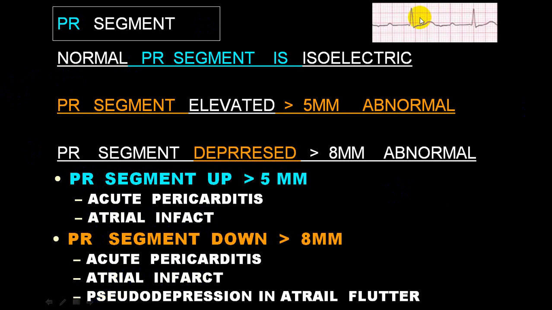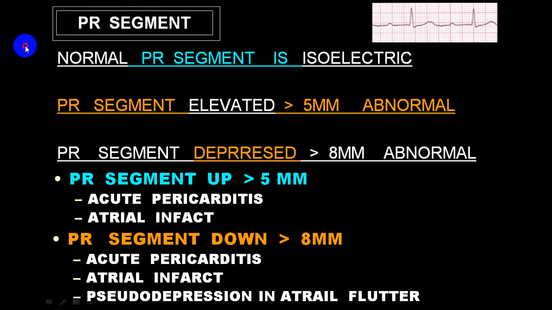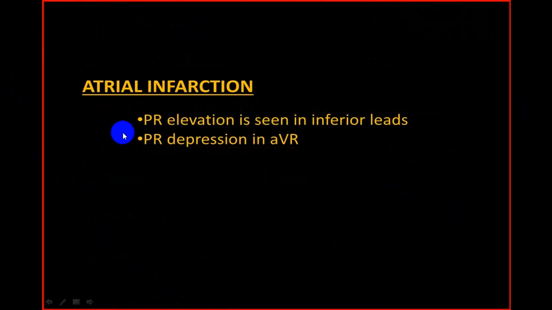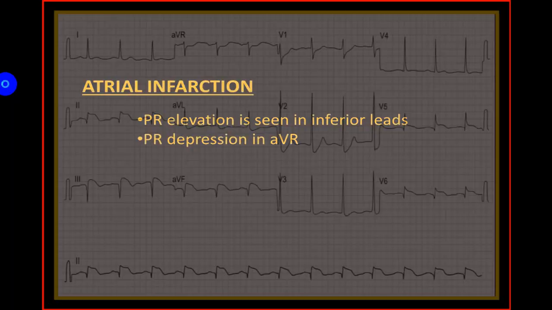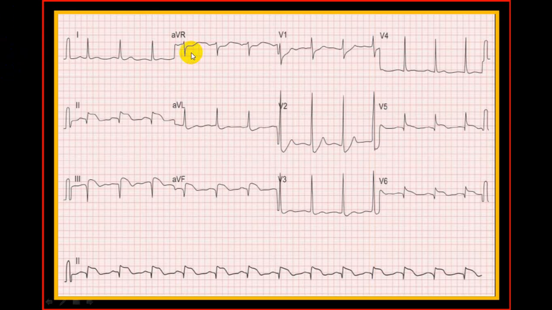Sometimes it can be pseudo depression in atrial flutter, but we don't utilize that particular. So in atrial infarct, PR is elevated in inferior leads and PR is depressed in aVR. So if you get a depression in aVR and there is an ST segment elevation, it will be in favor. So here you can see it is elevated, depressed.